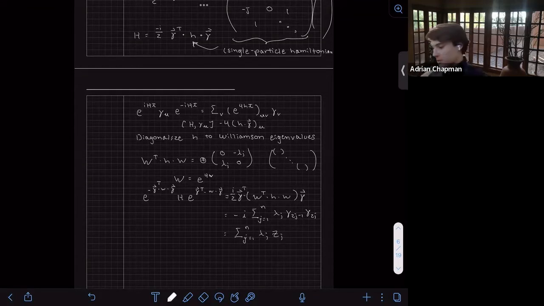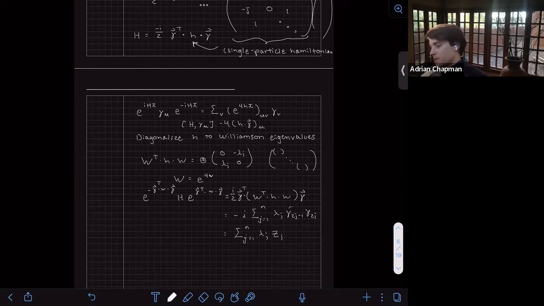So by conjugating the Hamiltonian by this free-fermion operator, I end up conjugating the single particle Hamiltonian by the single particle transition matrix of that exponential. And that brings me to block diagonal form for the single particle transition matrix.